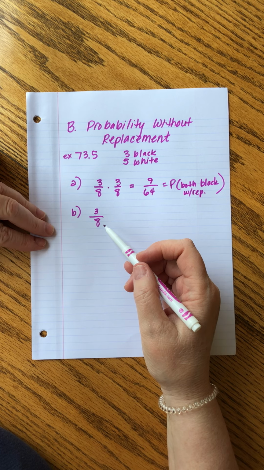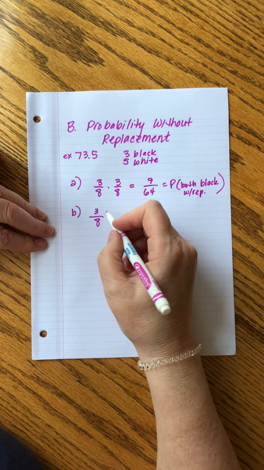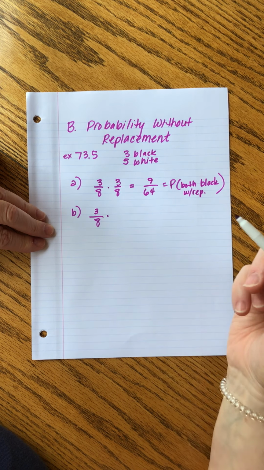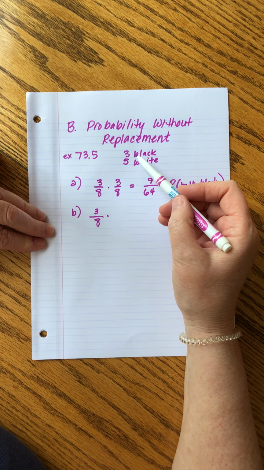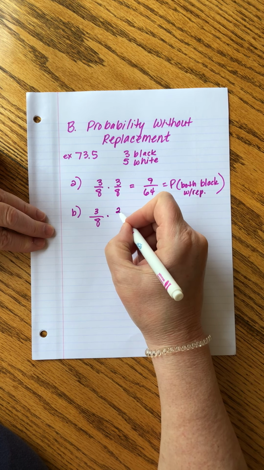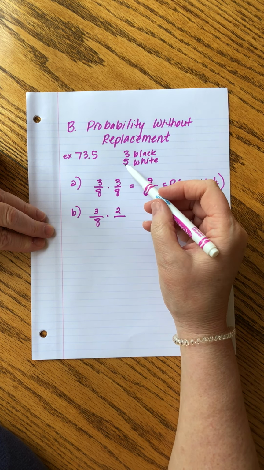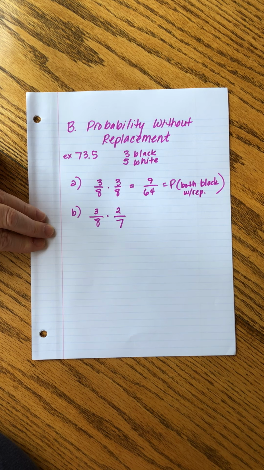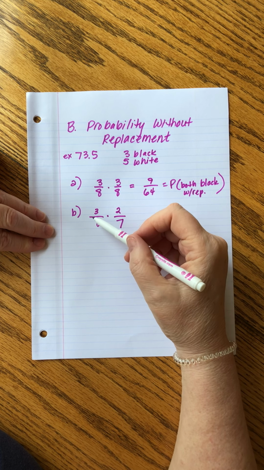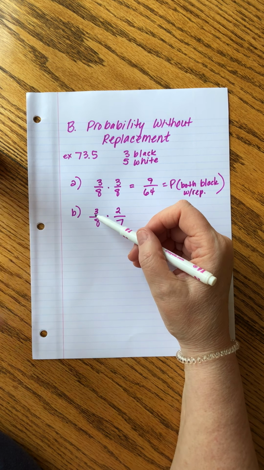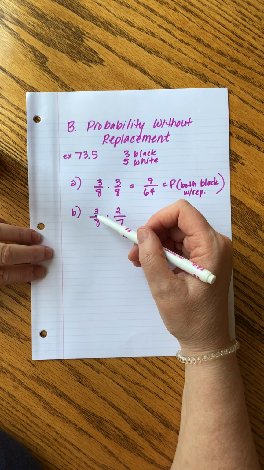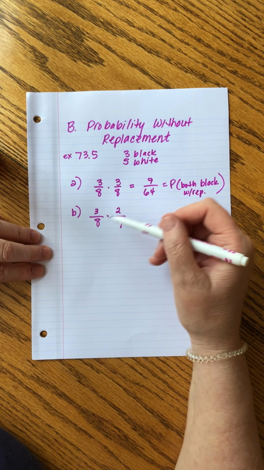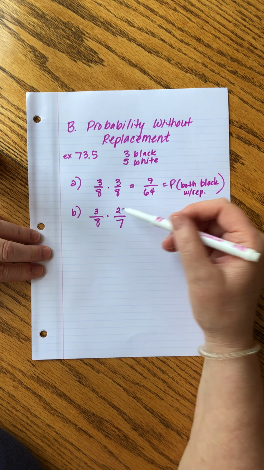Now, what's the probability of drawing another black in the urn? And there are still 5 white, but our total has changed. Does that make sense? Because we didn't replace that first marble that we drew. We're assuming it's black because that's what we were trying to do. So now we only have 2 left to choose from.